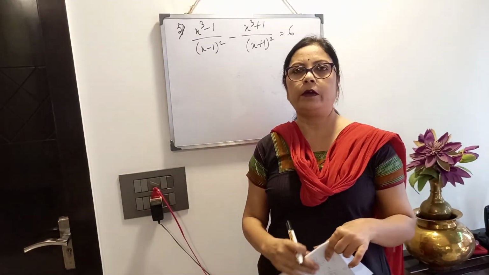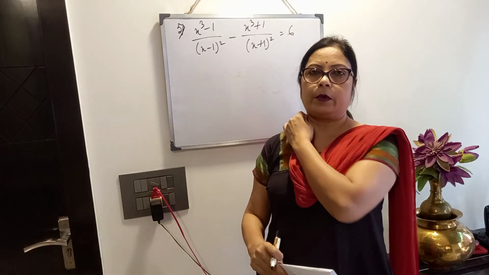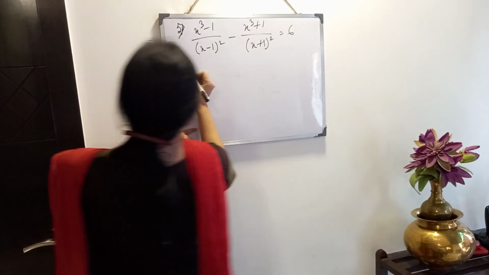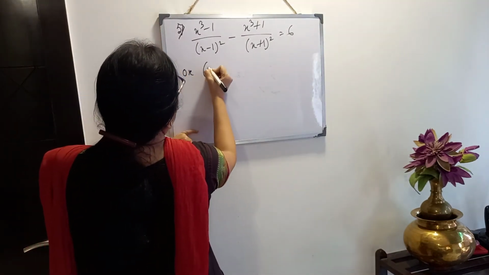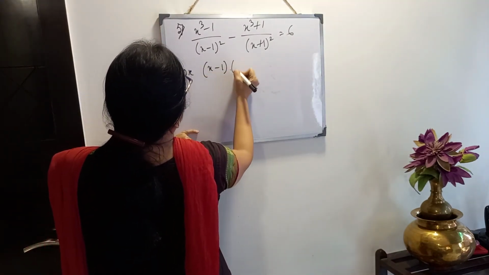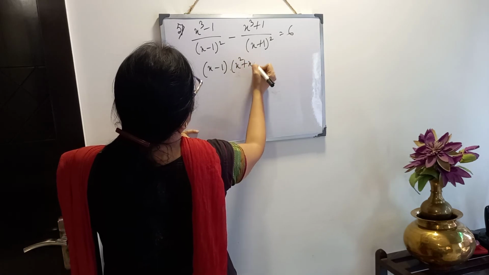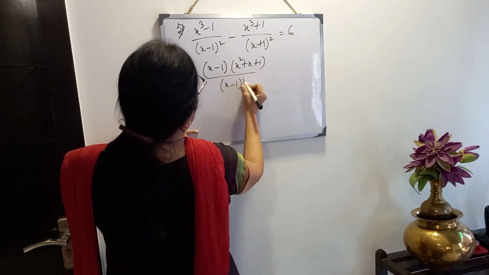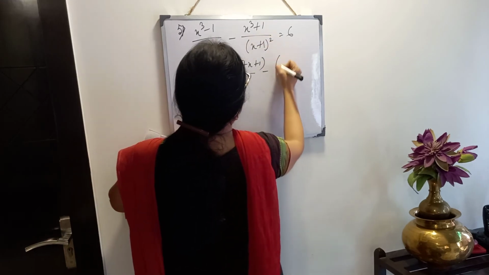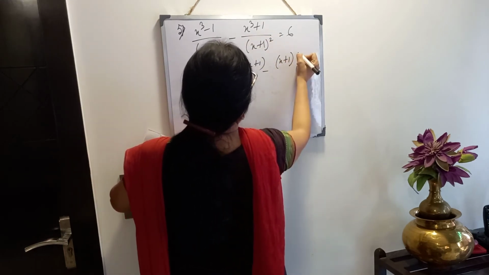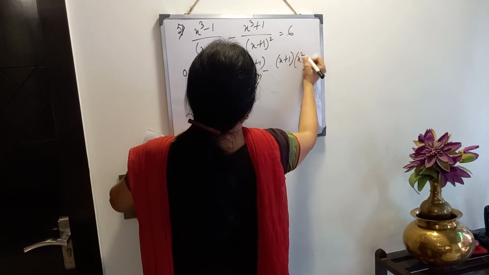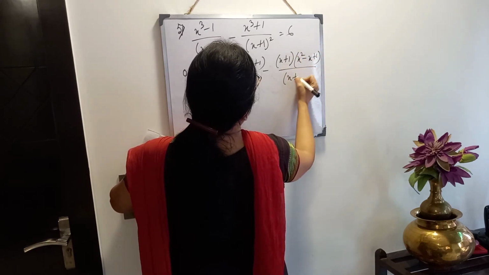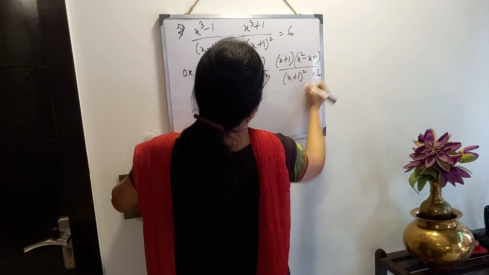That means a cube minus b cube. That formula is a minus b into a square plus ab plus b square. So here we will write x minus 1 into x square plus x plus 1 in the numerator and denominator x minus 1 whole square, minus, here the same formula for a cube plus b cube, a plus b into a square minus ab plus b square, by x plus 1 whole square, equals 6.